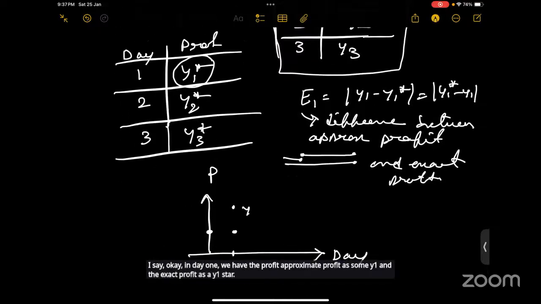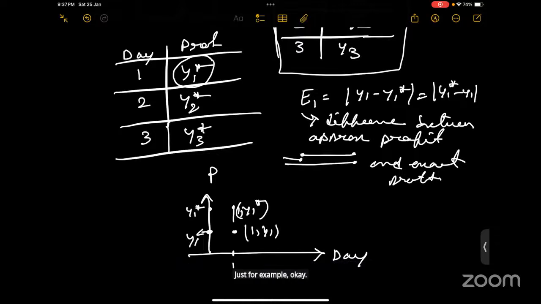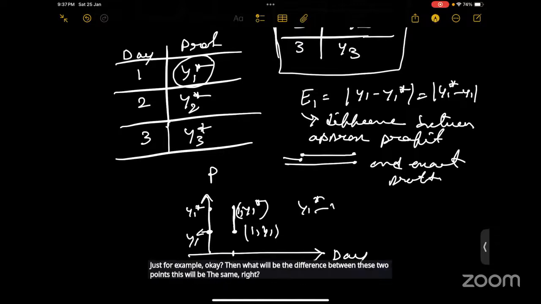Suppose you have the point (1, y1 star) here and (1, y1) here. What will be the difference between these 2 points? It will be y1 star minus y1.